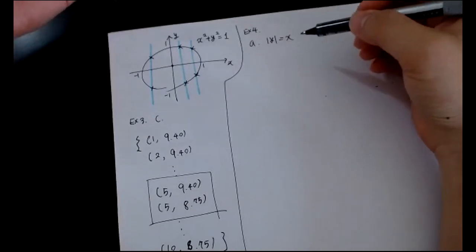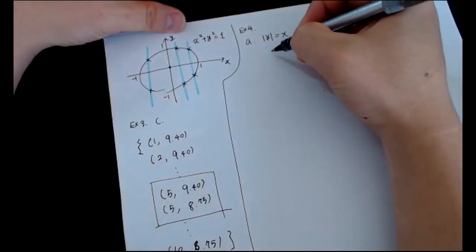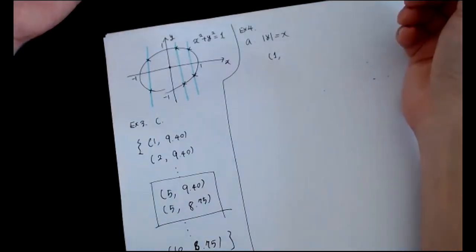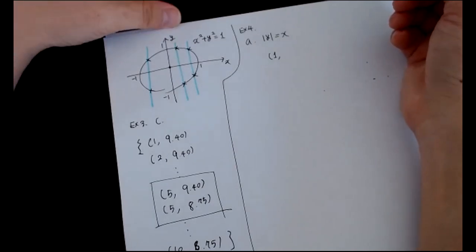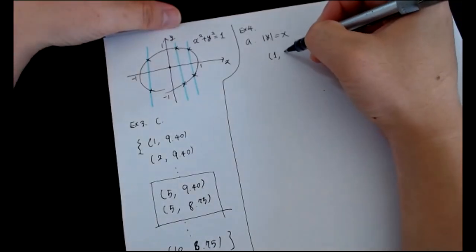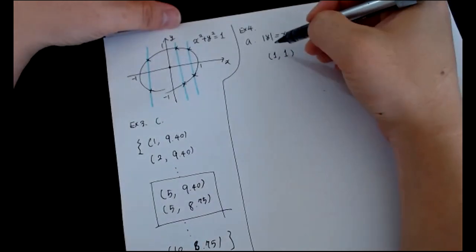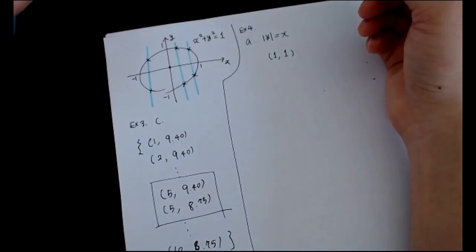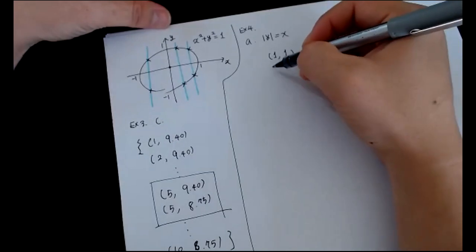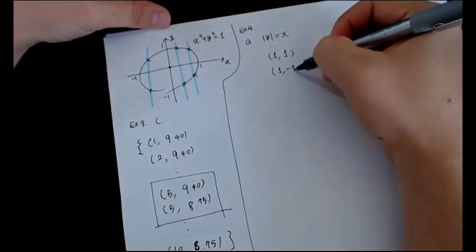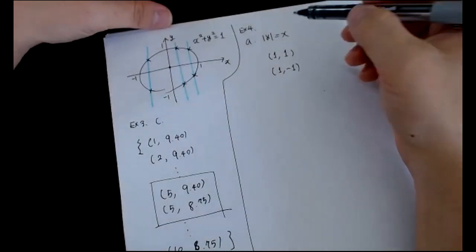Let's say I'm gonna plug in 1 into x, and let's find out the y value corresponding to x value 1. Then y should be 1, right? Because absolute value of 1 is 1. But there's also negative 1. When y equals -1, we're gonna get 1 as the x value, right? So these two ordered pairs, 1, 1 and 1, -1, must be on the graph of that equation.